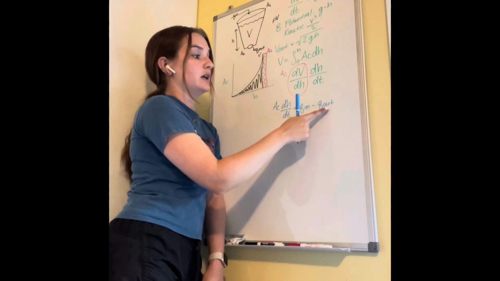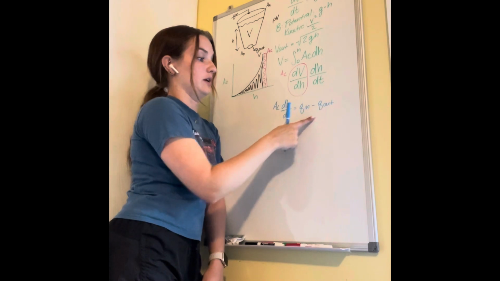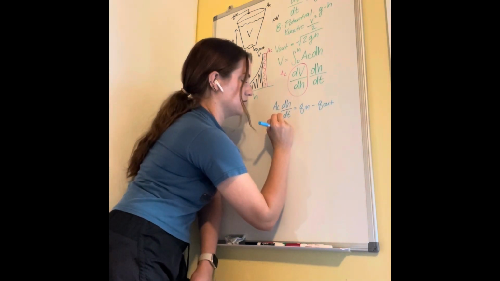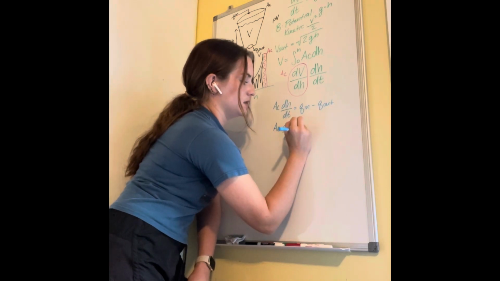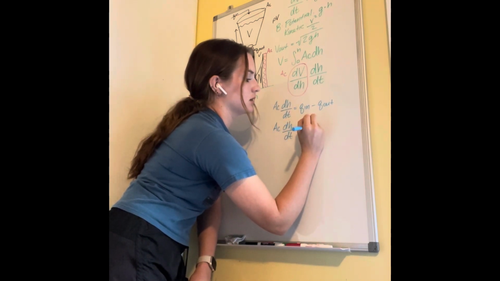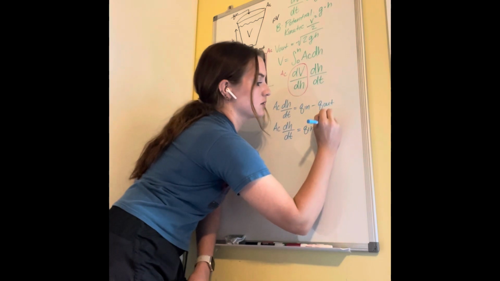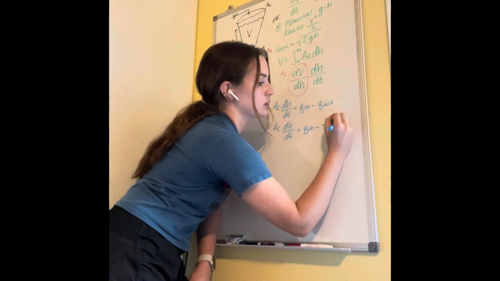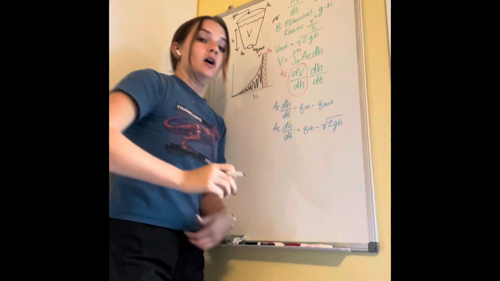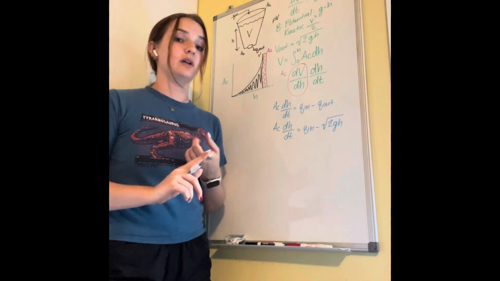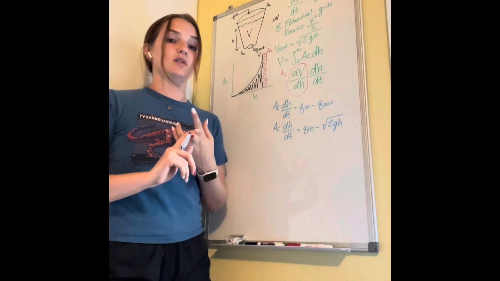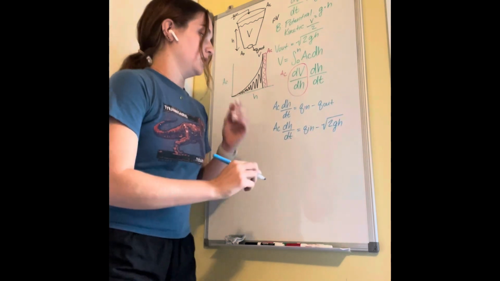Our V out is the same thing as our flow out here. So we can write A_C dH over dt is equal to Q in minus the square root of 2GH. Now we want to isolate the derivative of our dependent variable that changes with some independent variable.